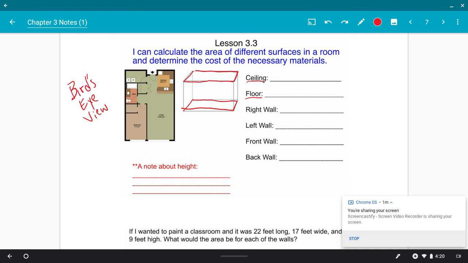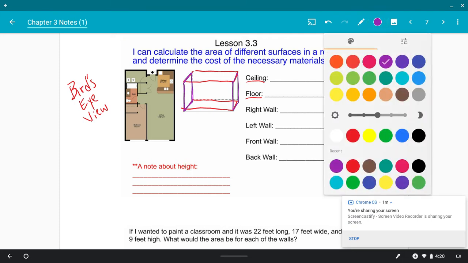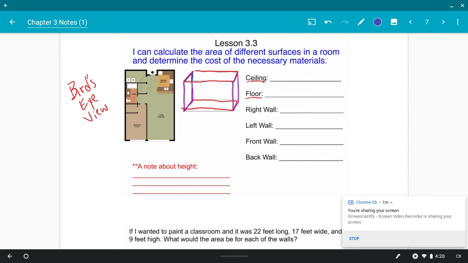So we have the right wall that's going to match the left wall. Those will be the same. And then we have the back wall, which is going to match the front wall.